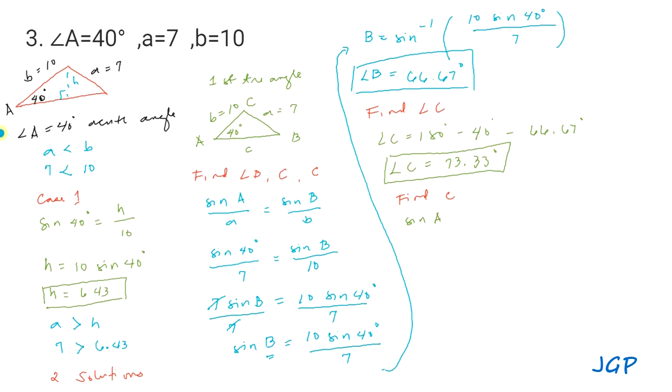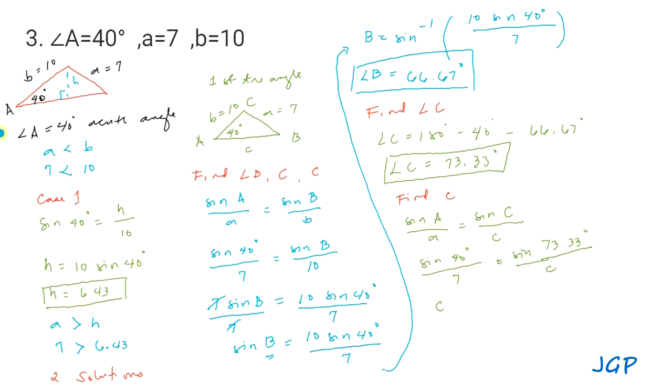We have sine of angle A over A. I will use this ratio because I have the value of my angle A and side A, and since I'm looking for side C, I will use angle C over side C. So let's substitute: sine 40 degrees over 7 is equal to sine 73.33 degrees over C. Let's cross multiply.